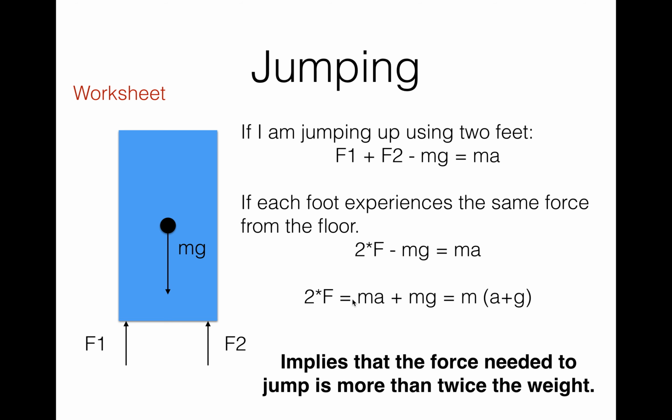I can rearrange that so that 2 times F, the force on each foot, is just m times the sum of a and g. So you should be able to figure out what this number is and compare it to her weight.